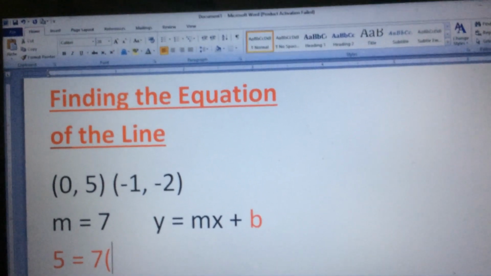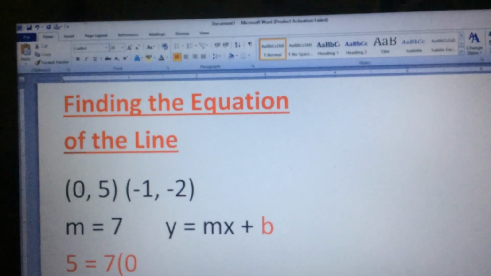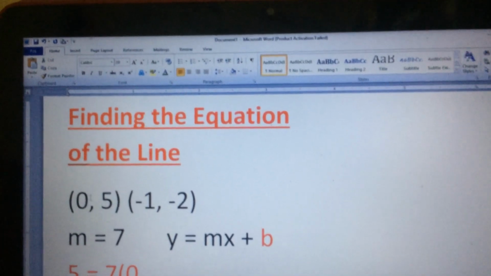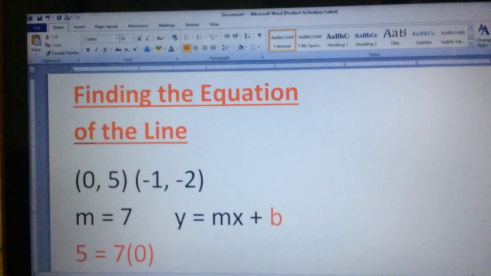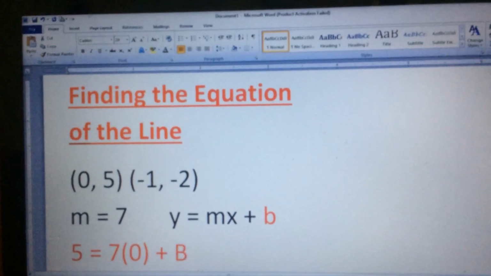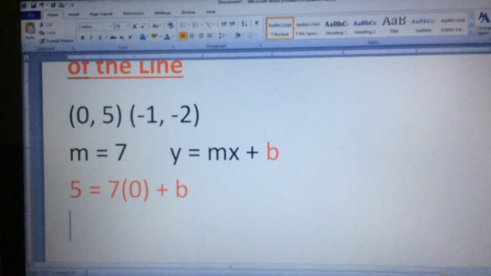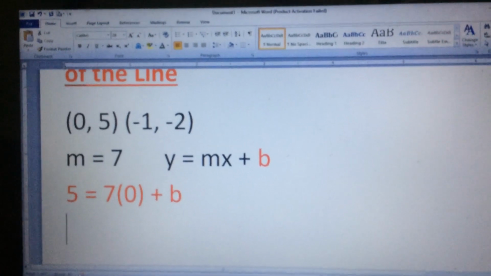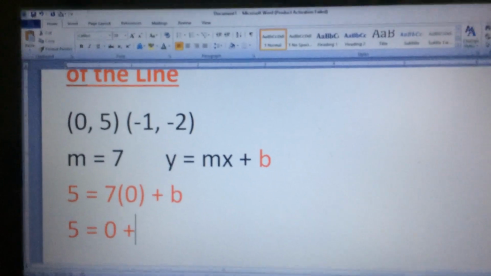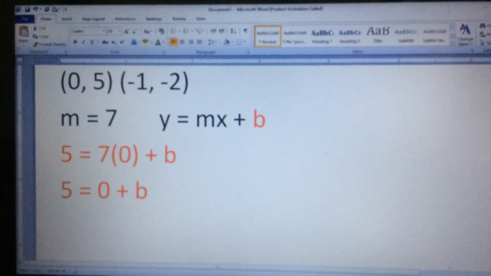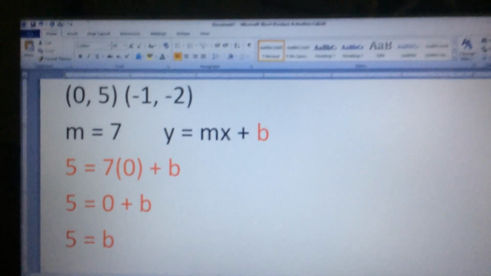Then our x is 0, then plus b. So we simplify it. That becomes 5 equals 0 plus b. So therefore, our b, or the y-intercept, is 5.